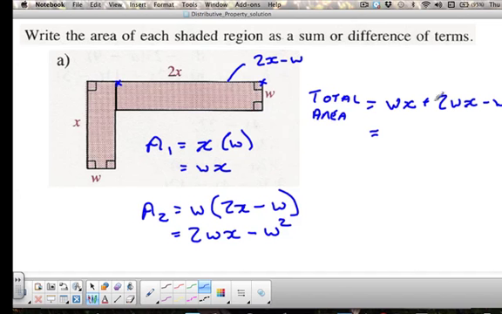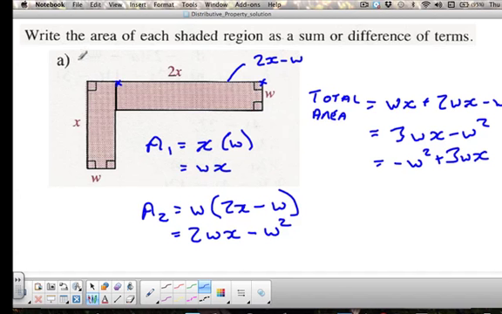So then we can add these like terms. This is going to be 3wx subtract w squared, or the other way we could write it is negative w squared plus 3wx. These two expressions have the exact same meaning.